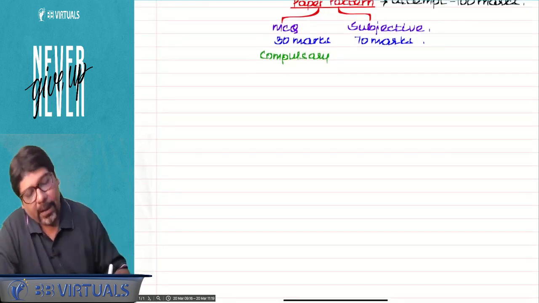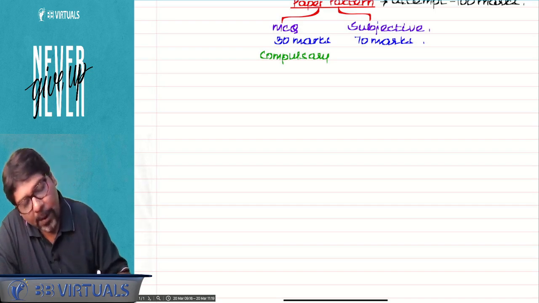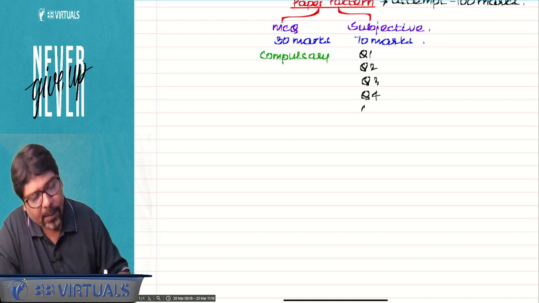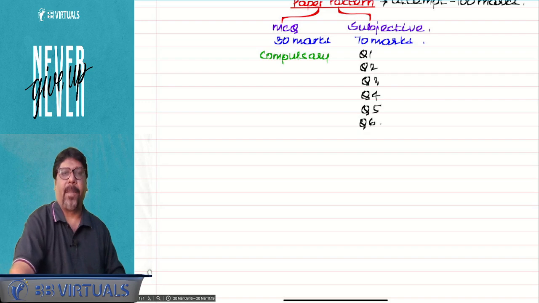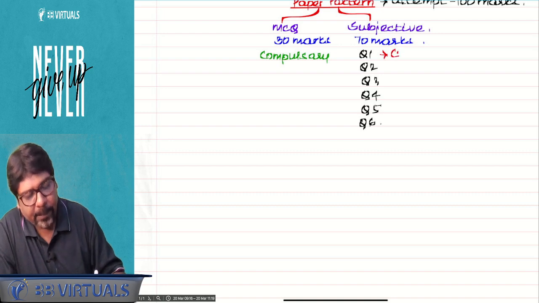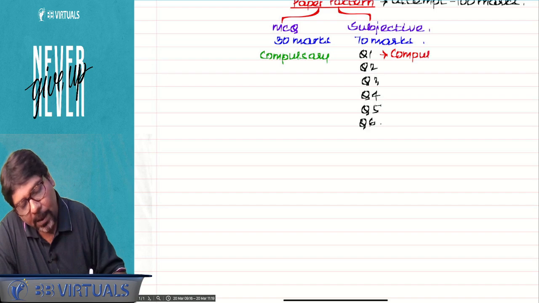In this 70 marks, you have got question 1, question 2, question 3, question 4, question 5, question 6. Correct? This question 1 is compulsory.